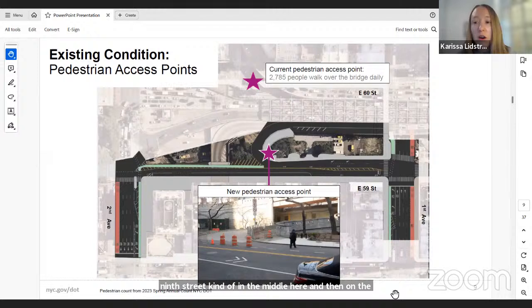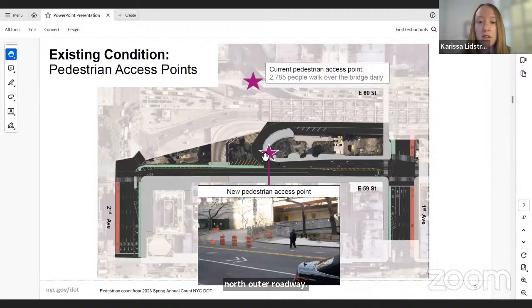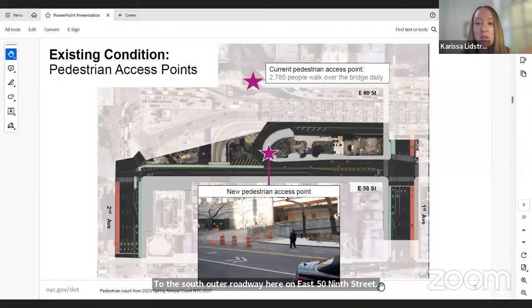We are relocating the entrance for pedestrians from East 60th Street, which is how you get on the north outer roadway, to the south outer roadway here on East 59th Street. We want to be thinking about the street improvements that we can make with this new destination. And in the visual, you can also see that there is a sidewalk with an existing ramp that goes up to the south outer roadway currently.